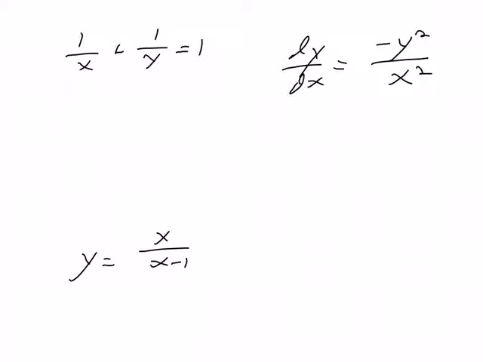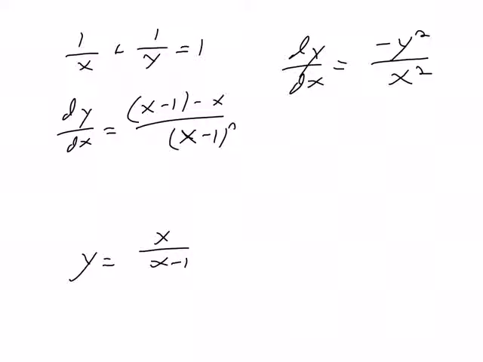So now we get dy over dx is equal to, maybe I should have just done it the other way, x minus 1 times 1 minus x times 1 over x minus 1 squared, which is equal to negative 1 over x minus 1 squared.